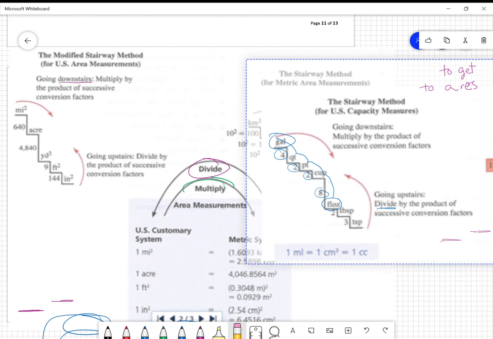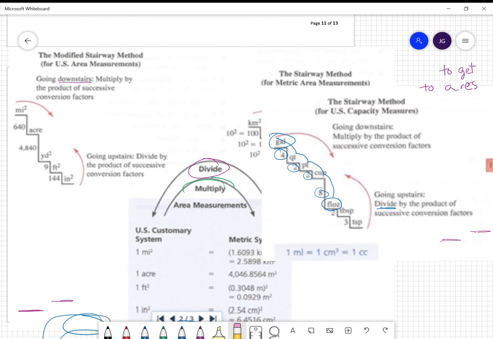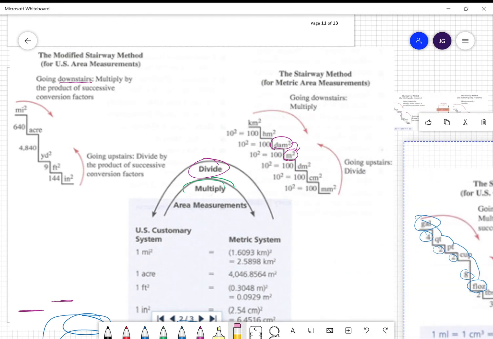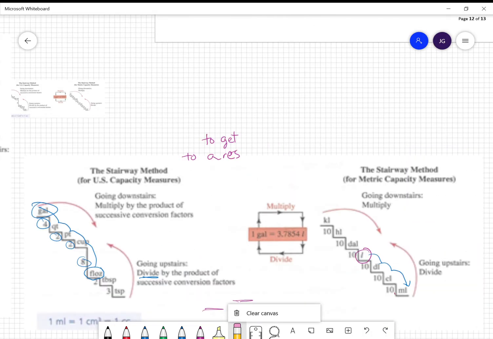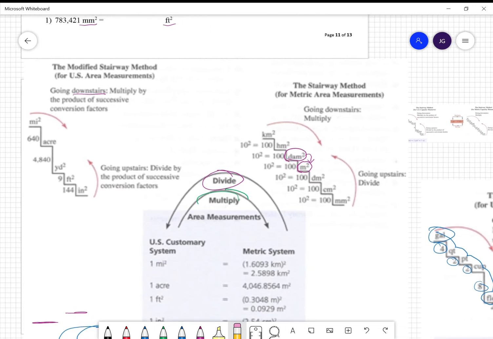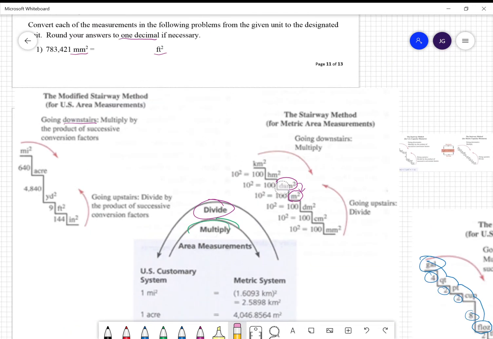It's on top of the other one. There we go. All right, millimeters to feet.